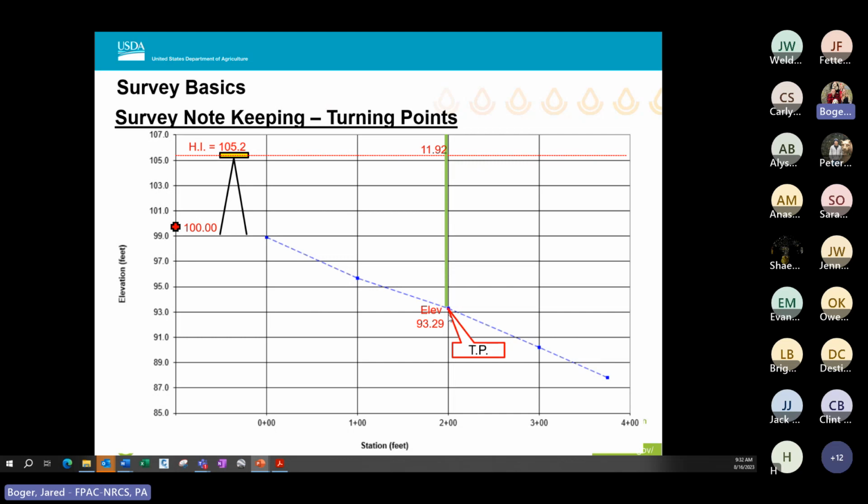If you go to your turning point, and you have to shoot back to where your initial setup was, you take the difference from where the initial setup is to where you are, and then you subtract it from where your last shot was, and that would be your new HI. It's hard to explain. It's something that we can show you when we're breaking down our notes in the field exercises.